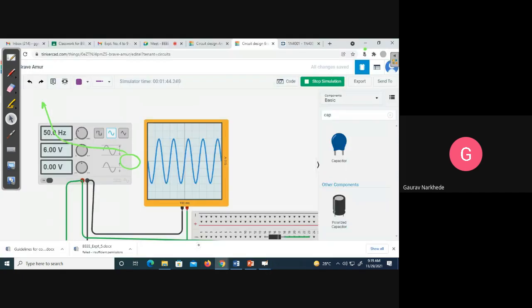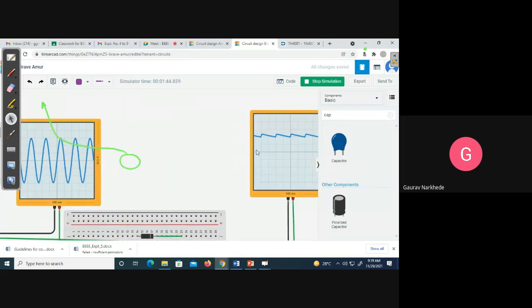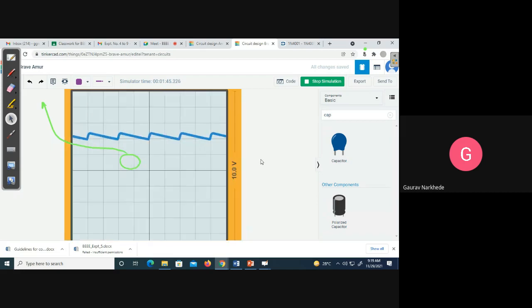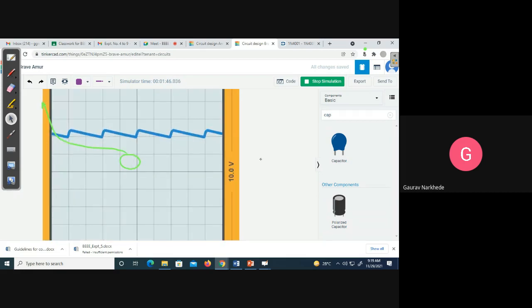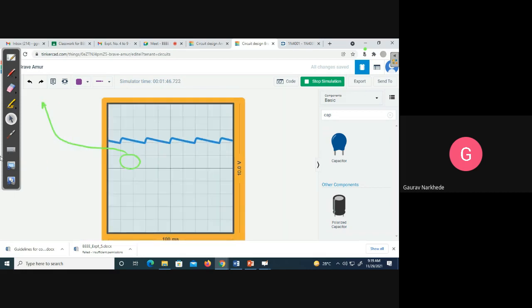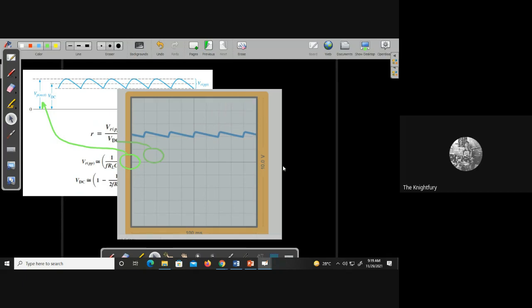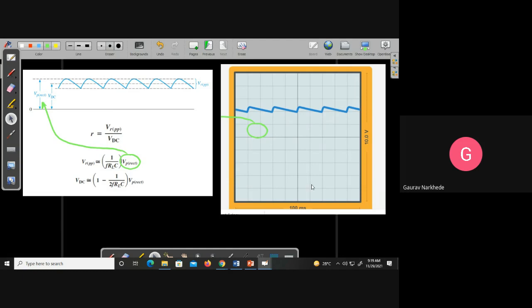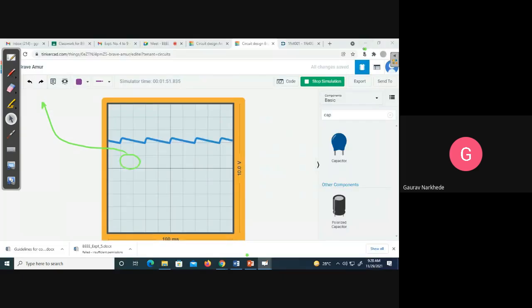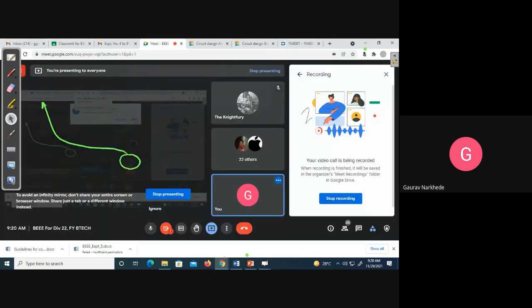Yeah. So I will have to zoom. Let me zoom in a little for your understanding. Can you see this thing? I'll go here.